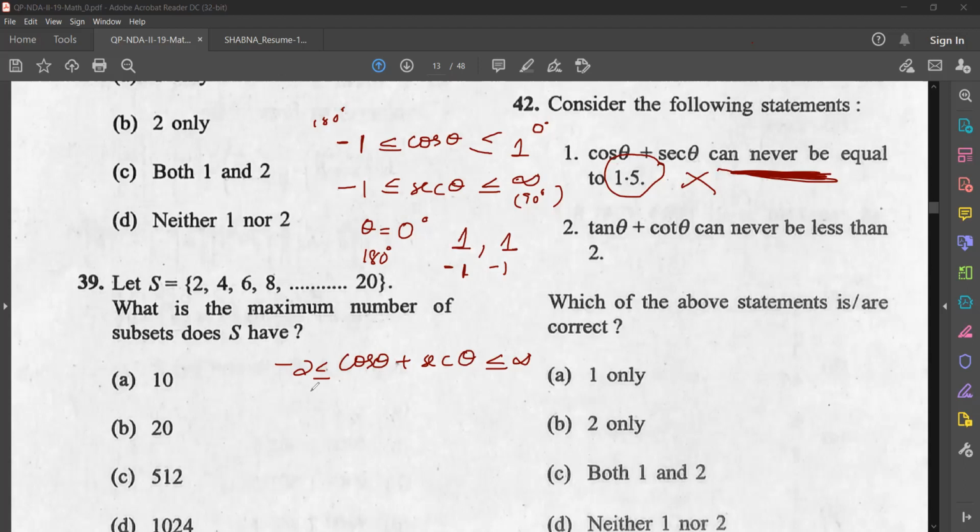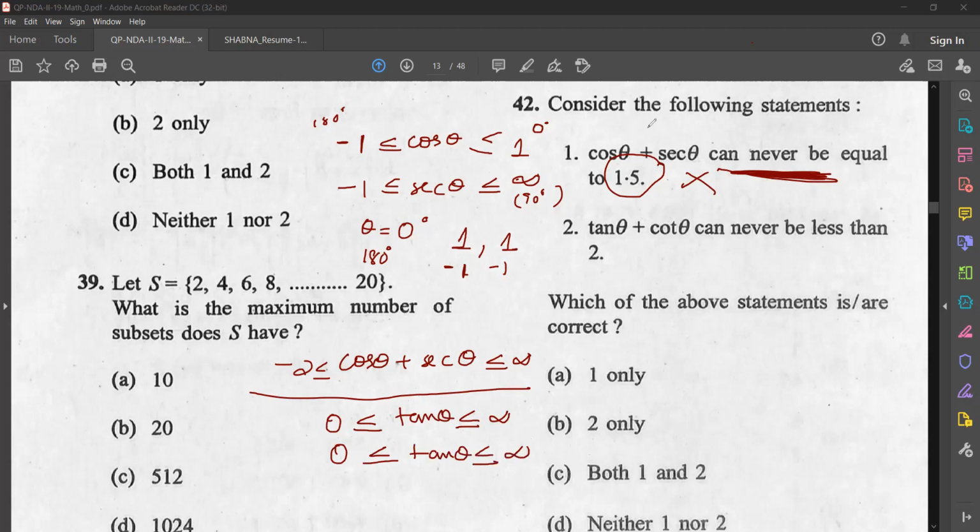1.5 is possible. Similarly, you analyze tan theta. What is the minimum value of tan theta possible? 0. That is tan 0, 0. And the maximum value of tan theta possible is infinity. For cot theta also the same interval: 0 less than or equal to tan theta less than or equal to infinity.